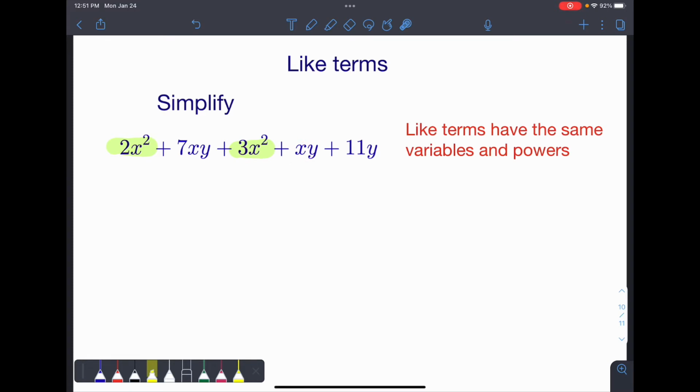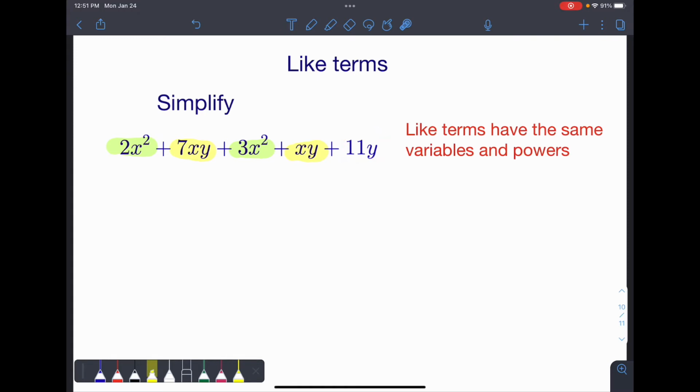So those two are like terms. So these two I've highlighted in yellow are like terms. Now what about this last one? Well, there's no other terms that have just a single y. So 11y has no other terms which are like it.